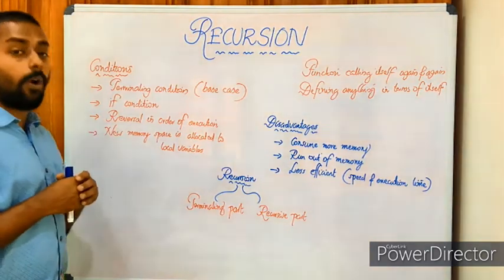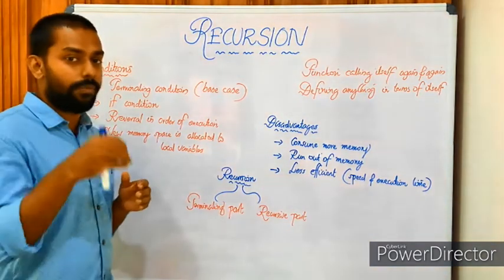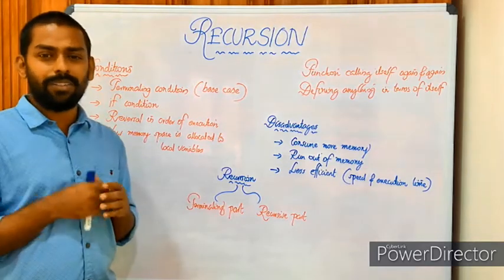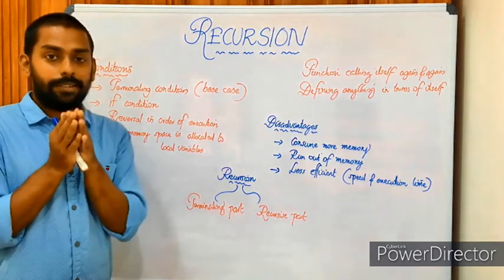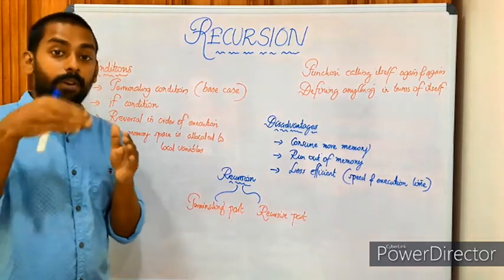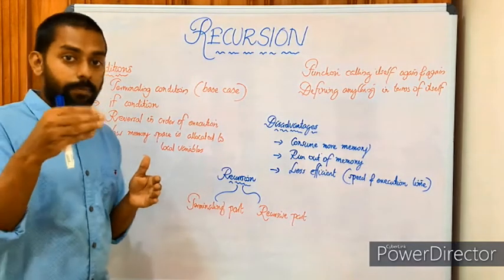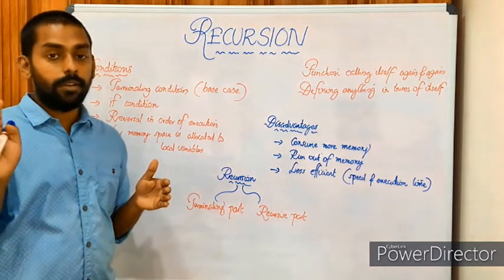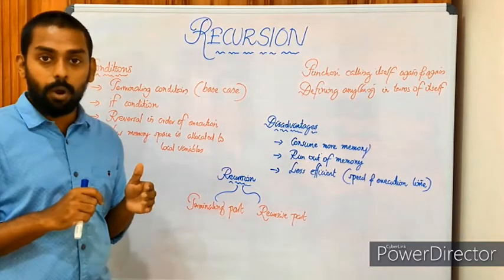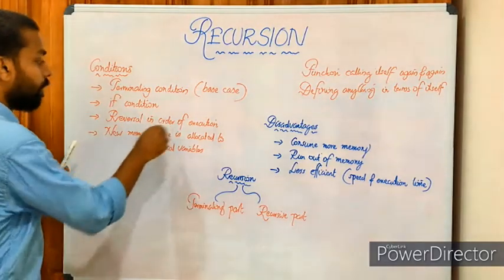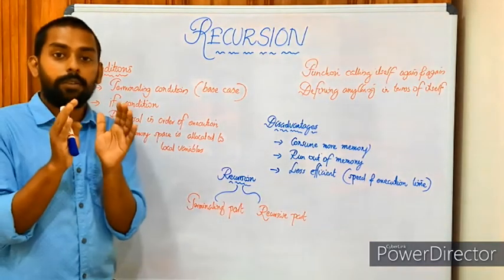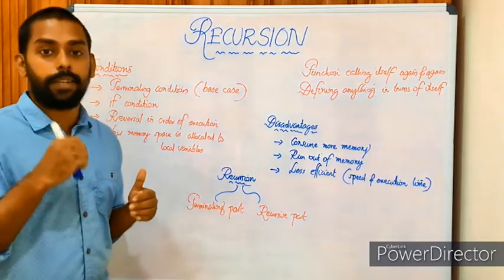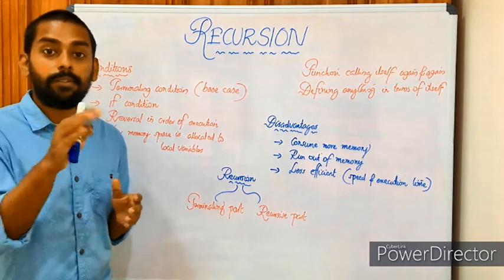Then reversal in order of execution, that's another important feature of recursion. What is a reversal in order of execution? As I said, the function gets called a number of times. Suppose the first time the function is called, it won't be executed immediately after it is called.